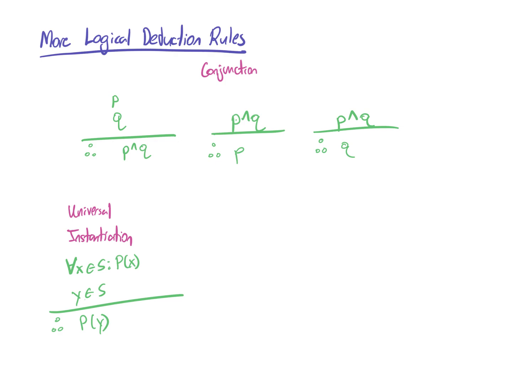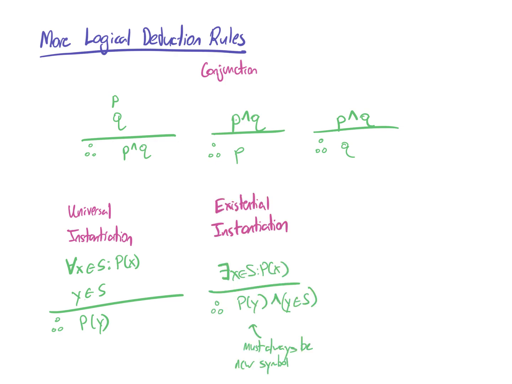Here's another one: existential instantiation. This says that if there exists an x in the set S such that P of x is true, then I can always think about considering a specific one. I can say, let's consider an element that I'll call y. I always have to give it a new name.